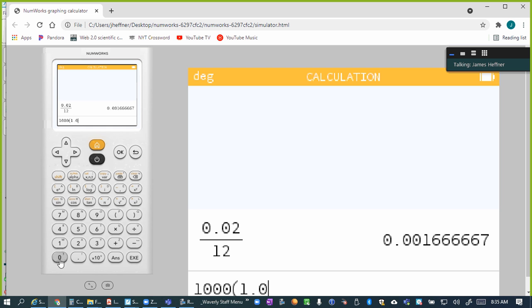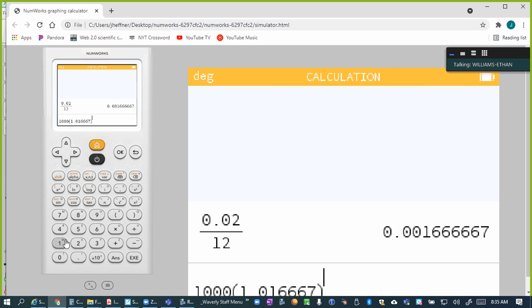Oh, what did we say it was? 0.16667, right? And we've got to do the X to the Y button. I'll just do 12 times 20. You can do that too. You got 240, right? And we'll see how we're entering that.